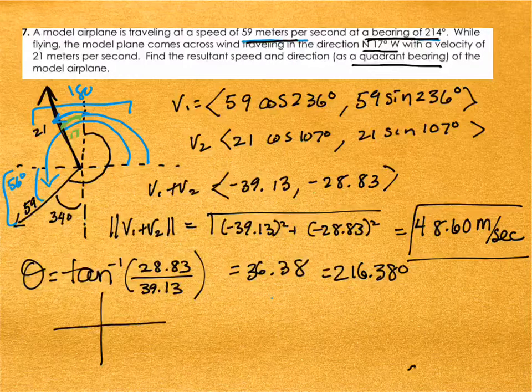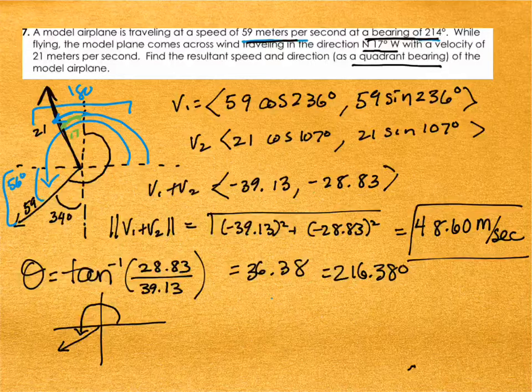Now figure out how to put that in quadrant bearing. So let's go to 216. Okay, let's be down here. So we want to figure out what this is first. We know it's 216 if we take away 180 from it.